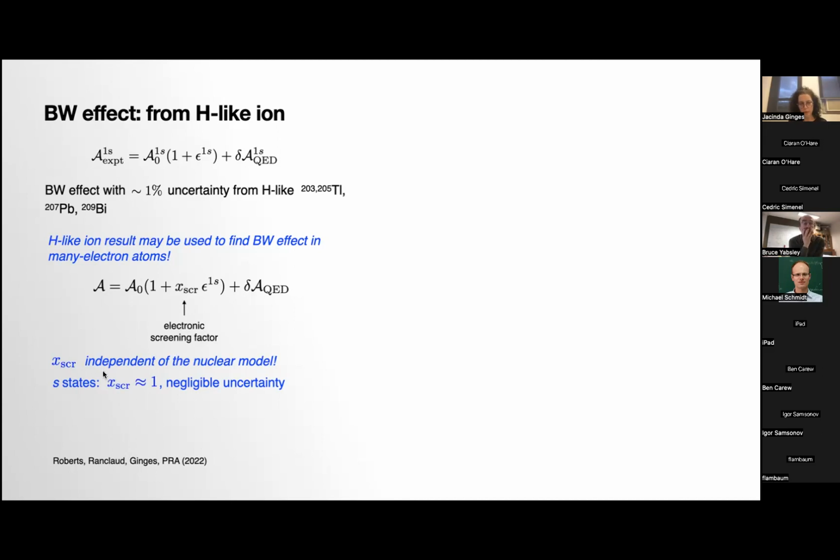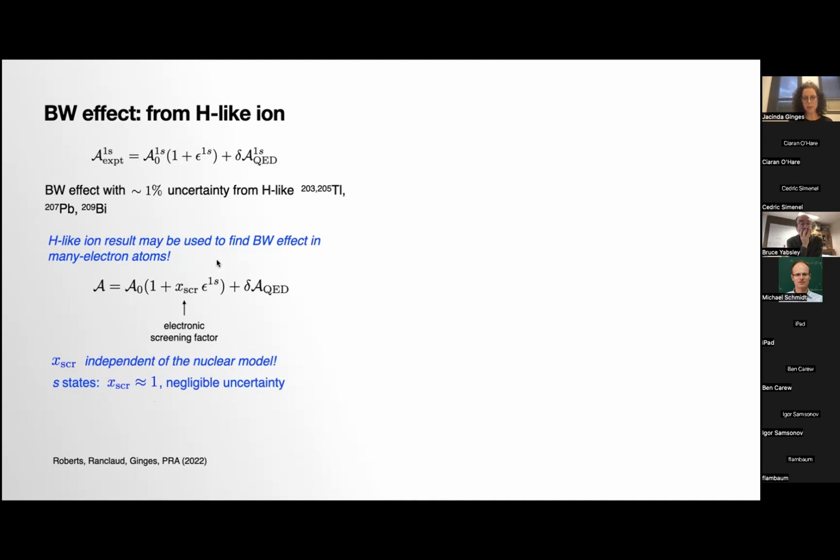So we propose that these problems are separable and that this screening parameter is independent of the nuclear model. We can calculate it really precisely for many of the states. And for S states, it's almost 1 anyway. So that's what we've proposed.